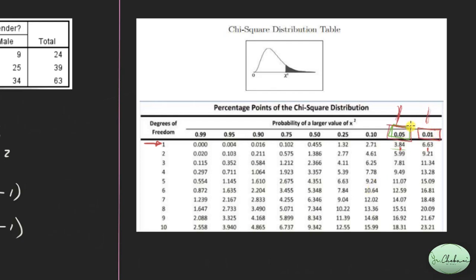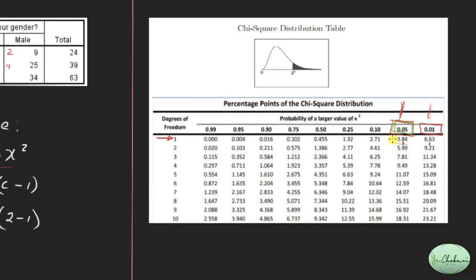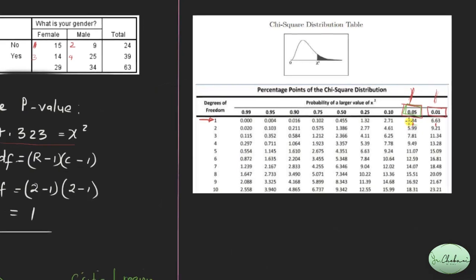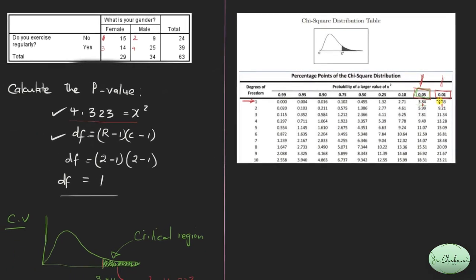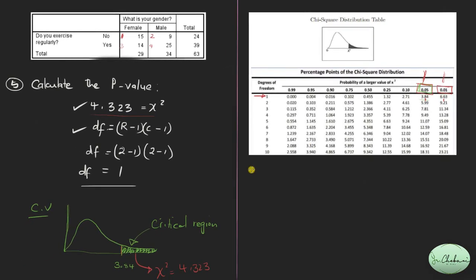So by extension, we know that the exact p-value for our calculated chi-square value is somewhere between 0.05 and 0.01.